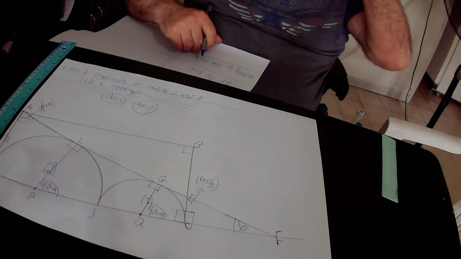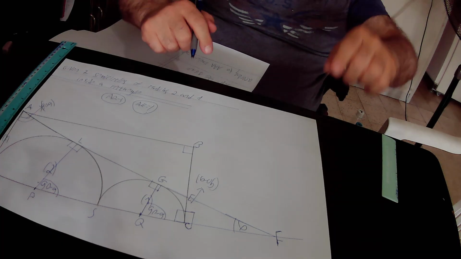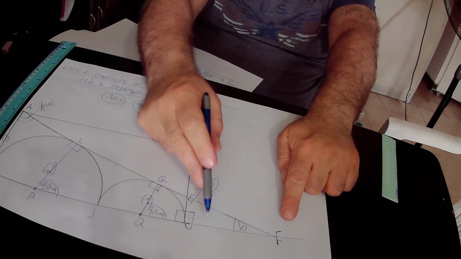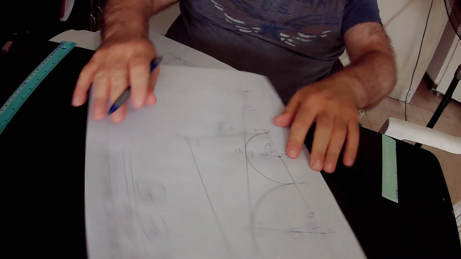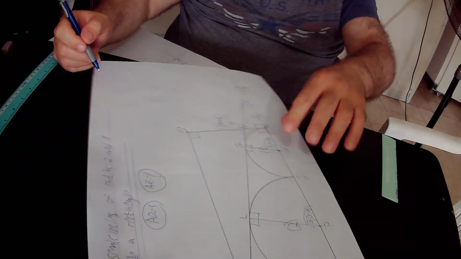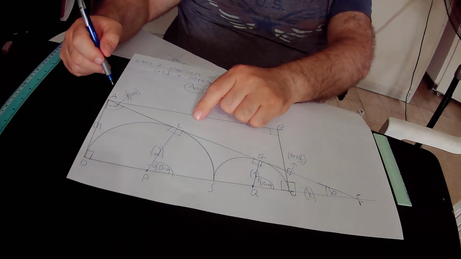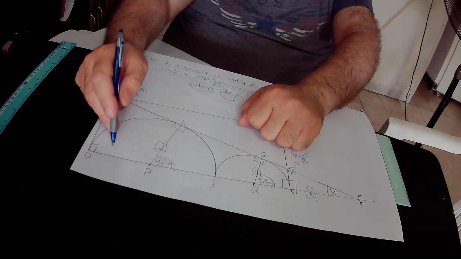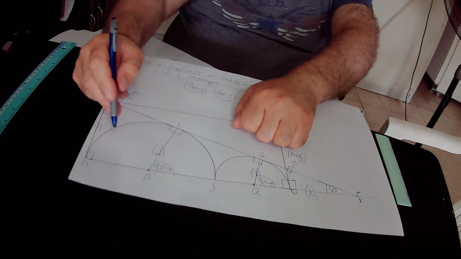Before we continue, we define the length of this segment CF as x. CF equals x according to our definition. DP is the radius of this big semicircle, that is equal to 2.